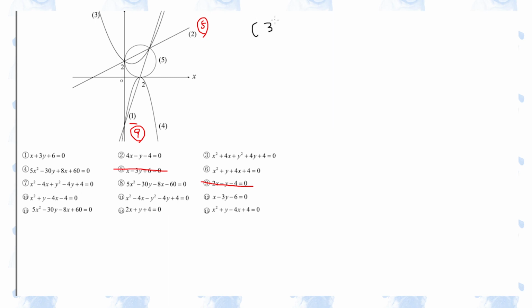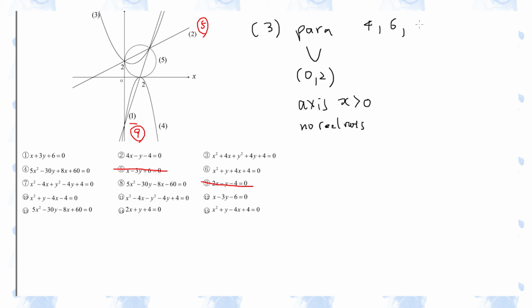Number 3 is a parabola, and it's concave up, and it goes through the point 0, 2, and the axis of symmetry is a positive number, and it has no real roots. So let's see. 4 is a parabola, 6 is a parabola, 8 is a parabola, 10 is a parabola, 13 is a parabola, and 15 is a parabola.